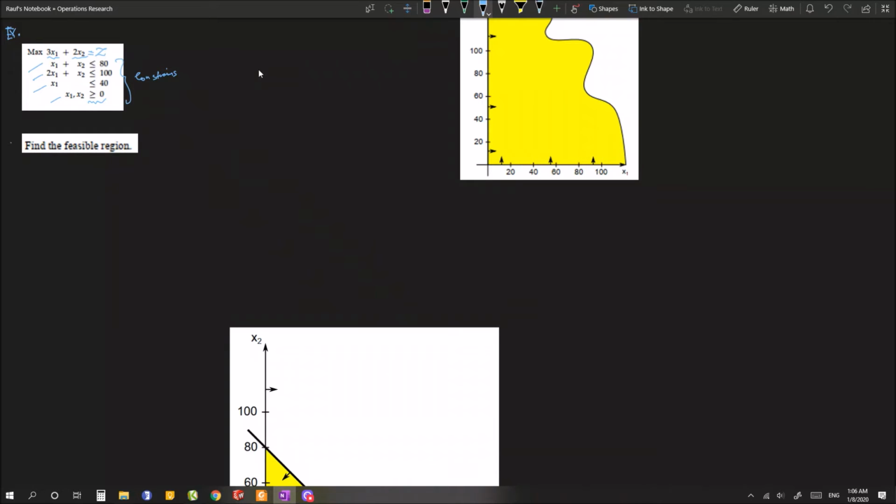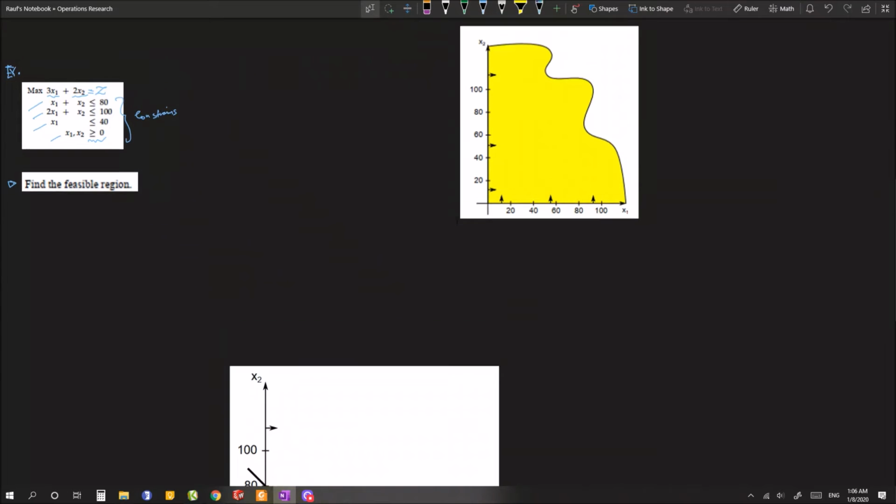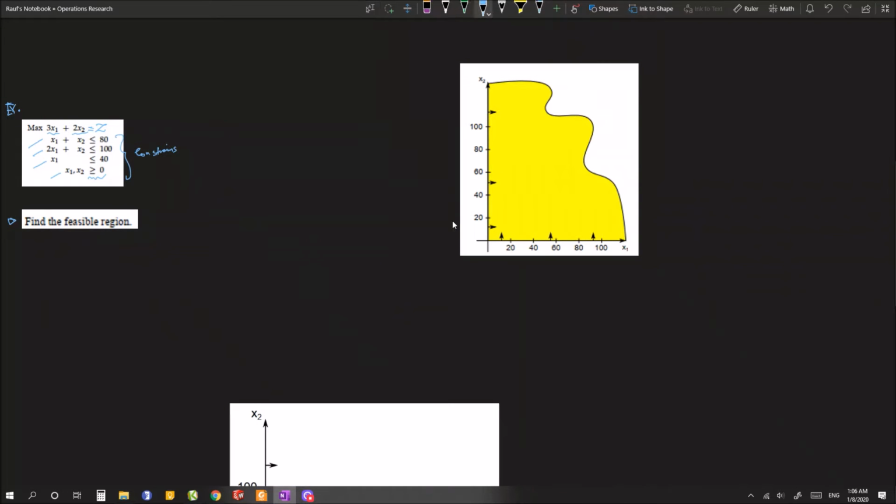So the question says find the feasible region for this model. For x1 and x2, as part of the constraints, x1 needs to be a positive value, and x2 needs to be a positive value as well.